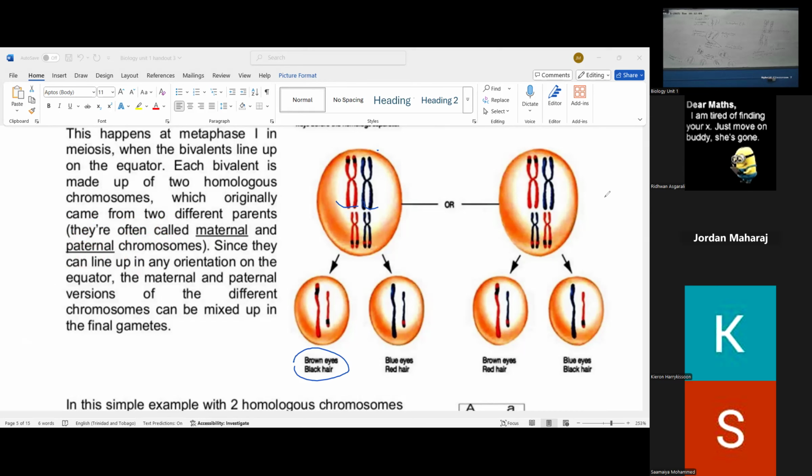Obviously, this cell is not presenting any of these characteristics, but it will present them if it successfully fertilizes something. So what you need to know about independent assortment is that it occurs in metaphase, and the basis of it is that you have two sources of genes, maternal and paternal, and it's randomly determined based on the alignment of the homologous pairs.